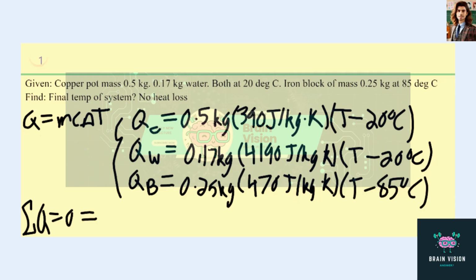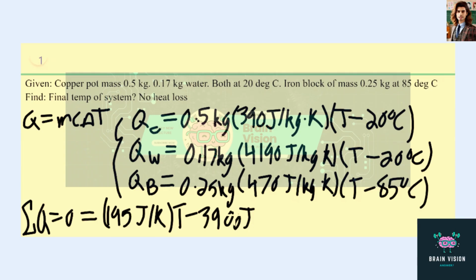For the copper pot, we multiply the first two and then distribute to the T and the minus 20 degrees C. That's going to give us 195 joules per Kelvin times T minus 3,900 joules.